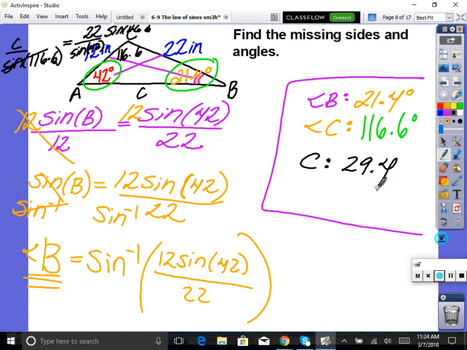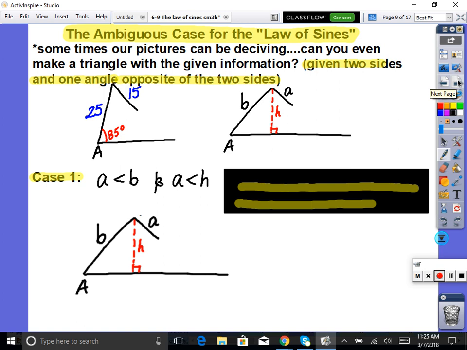Okay, so what I want you to do next is, that is the hardest part of the law of sines. We have learned the law of sines. Now, in secondary 3 regular, we would be done. However, we have a lot more to consider in honors because there are times, guys, when your picture is actually deceiving. The question is, if they give you information to create a triangle, can you even create a triangle?